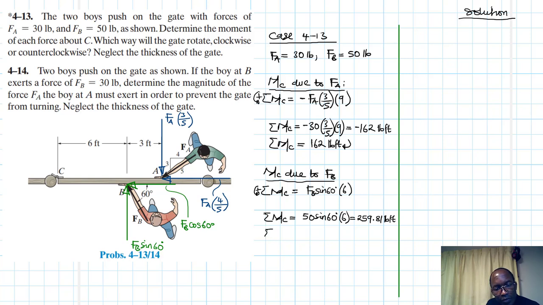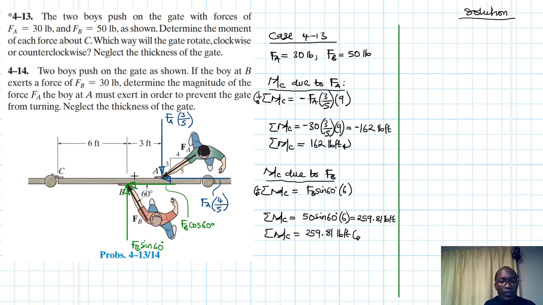So this can also be written as the summation of moments due to FB is 259.81 pound-feet, and it is in the anti-clockwise direction. This is anti-clockwise, right? Great.